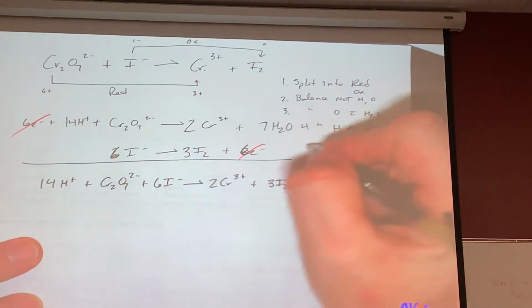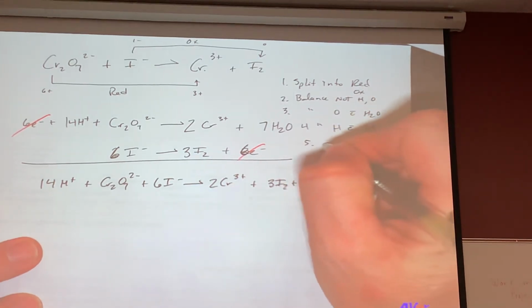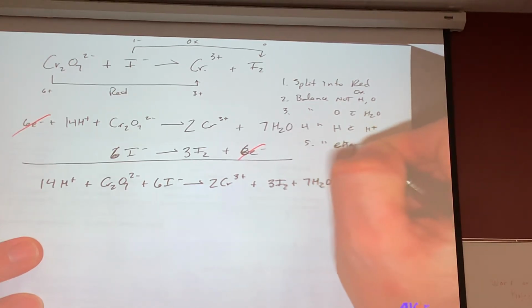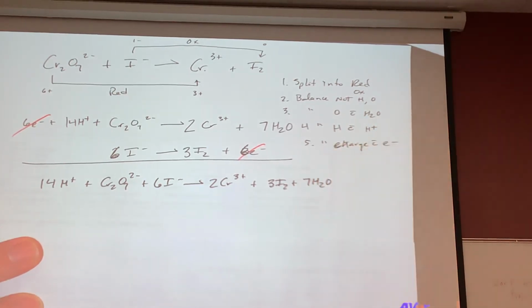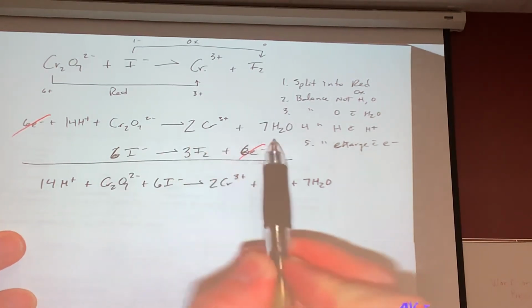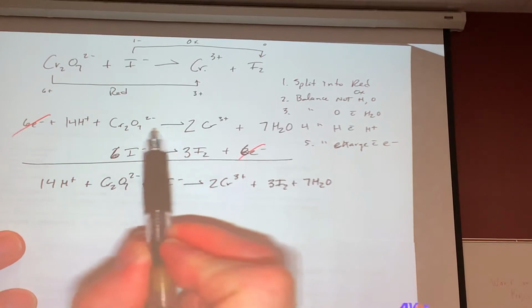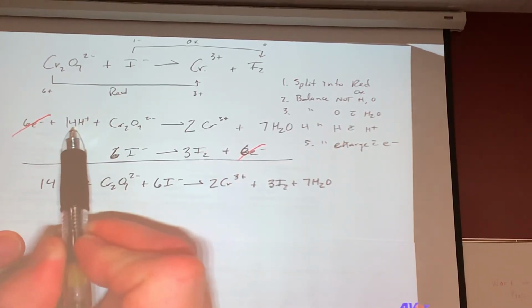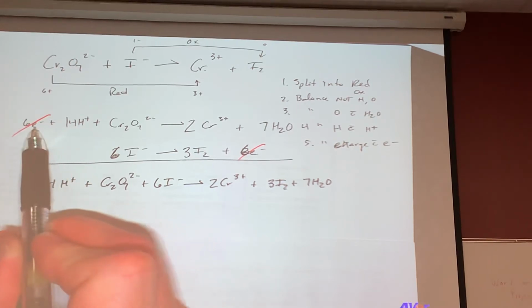Next step, balance charge with electrons. So on the top one, you put the 2 there to balance the chromium, you put the 7 waters in to balance the oxygens, you put the 14 H's over here to balance the hydrogens, and then 6 electrons to balance the charge.